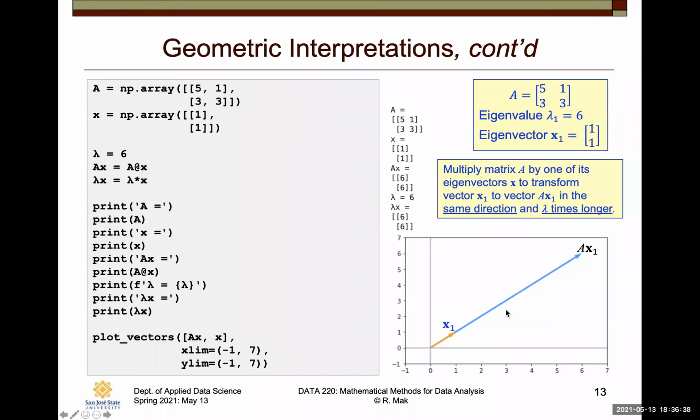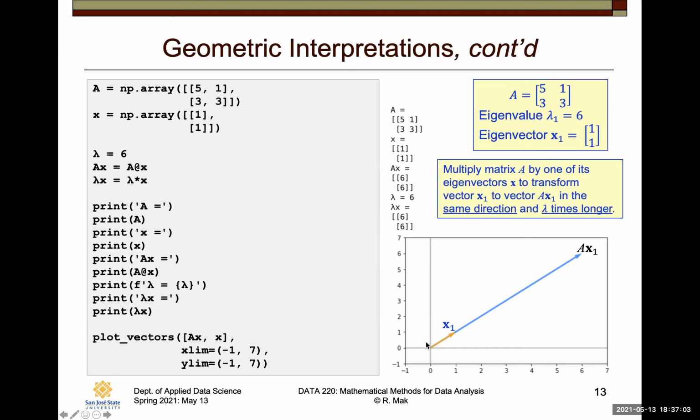The geometric interpretation is that when you have an eigenvalue and an eigenvector, all you've done when you multiply A times the eigenvector is you end up with a vector in the same direction that is the eigenvalue times longer.